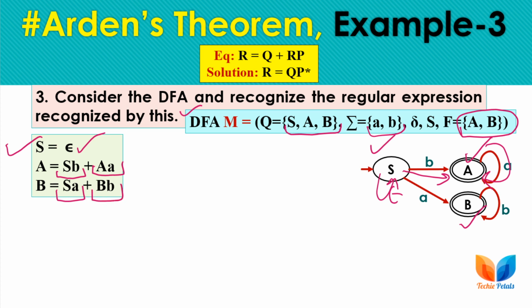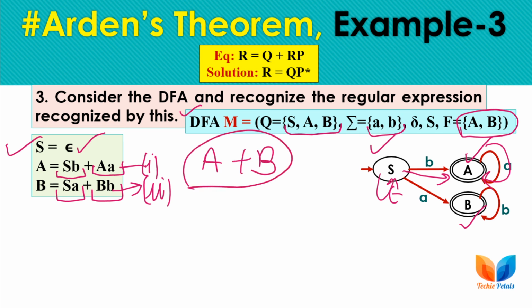So now we have to solve these expressions one by one. Let's first solve the expression corresponding to A, and then the expression corresponding to B. Then we have to union the results, meaning we union the expressions of A and B for the final regular expression corresponding to the given DFA.